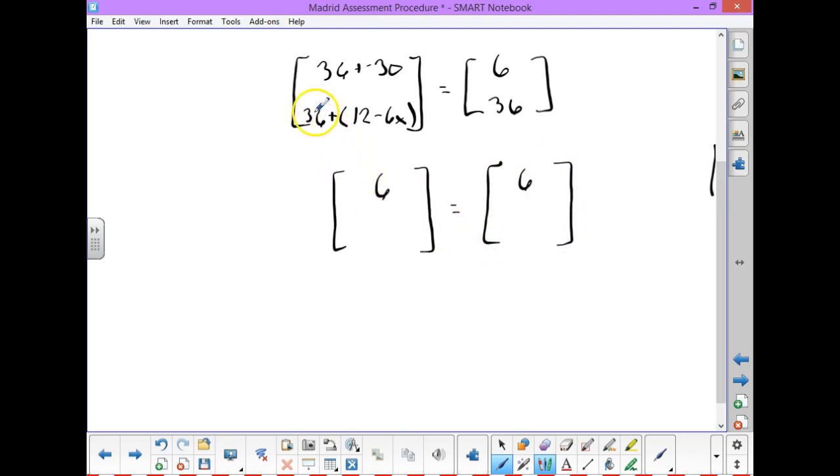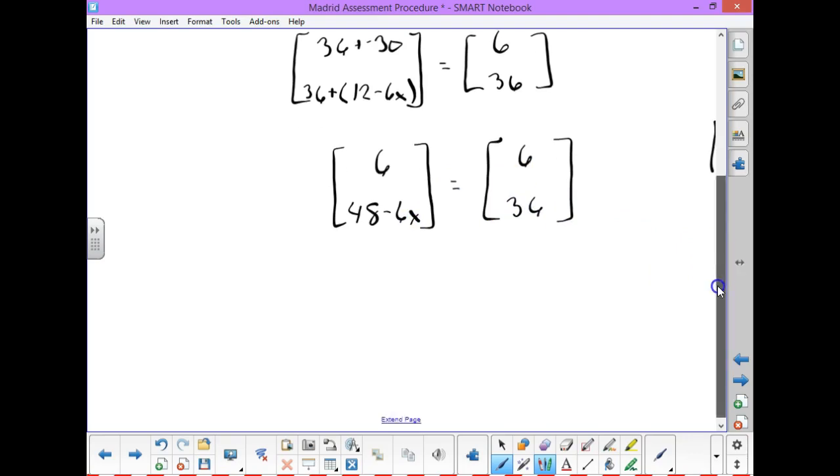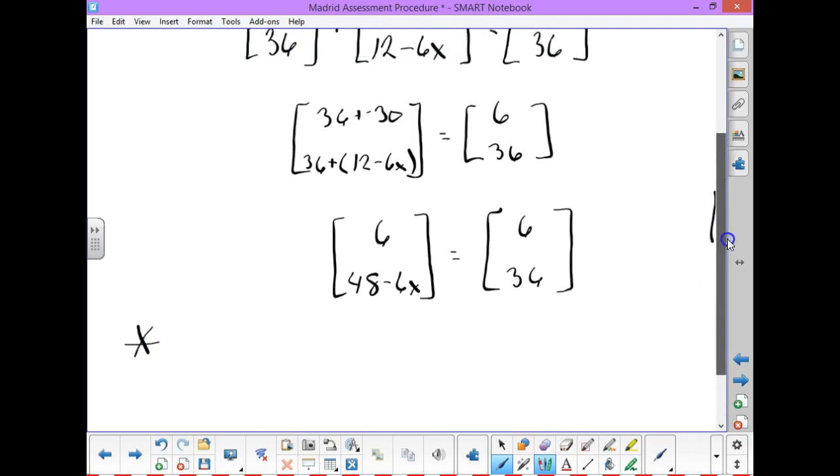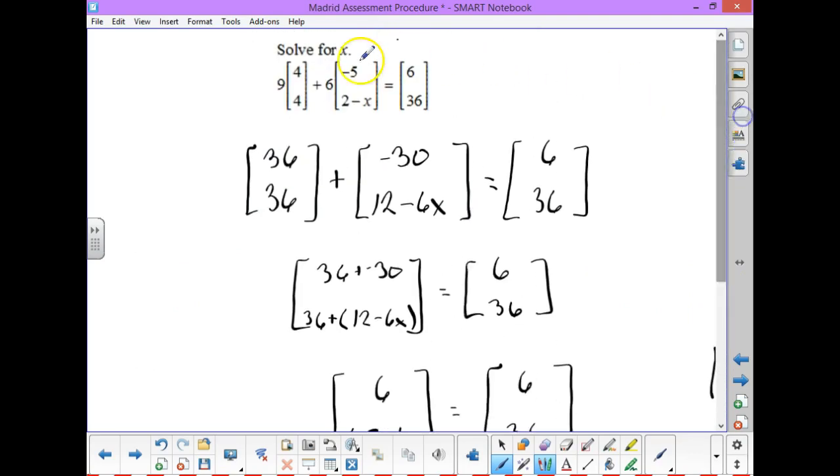On this next one, what I have is 36 plus 12 minus 6x, so 36 plus 12 is 48 minus 6x, equals 36. Now since the top is already done, I can solve for x, which is what I was asked to do, right?